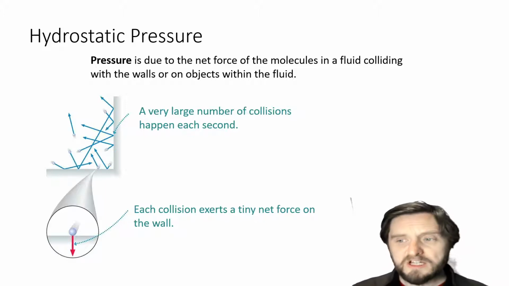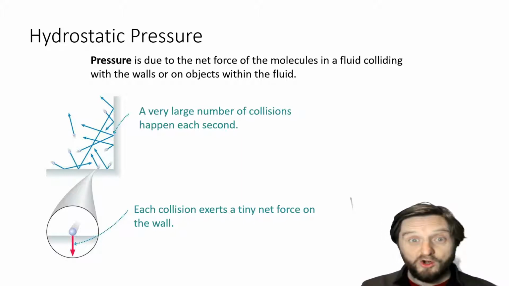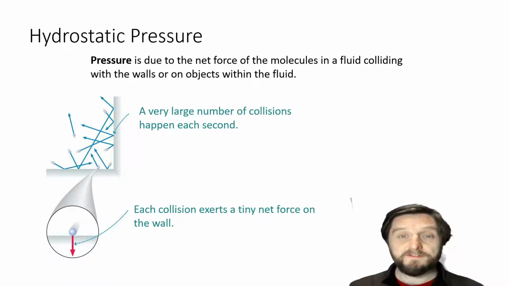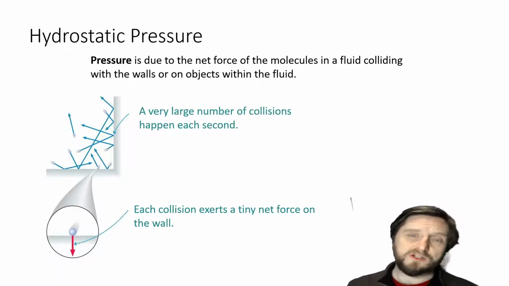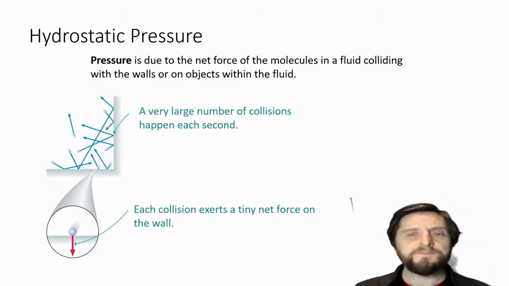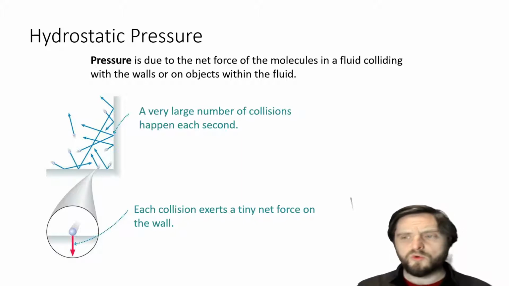So every collision produces a momentum change in the particle, and because Newton's third law says that there has to be an opposite force, if that force was exerted on the particle, it has to also be exerted on the wall. So each of those little collisions adds up to the total force that is being exerted on the wall.